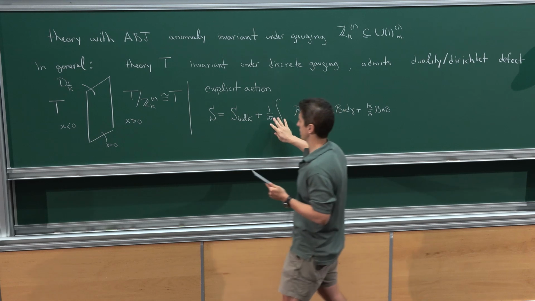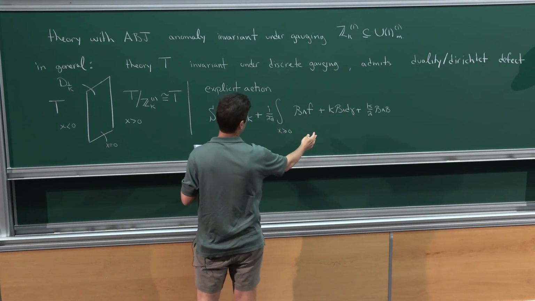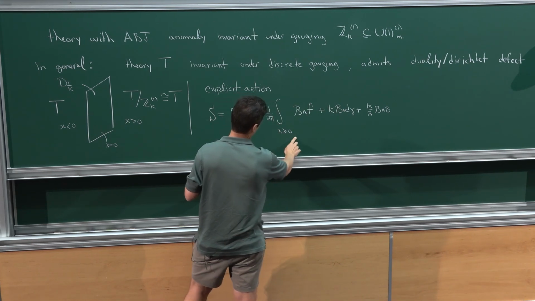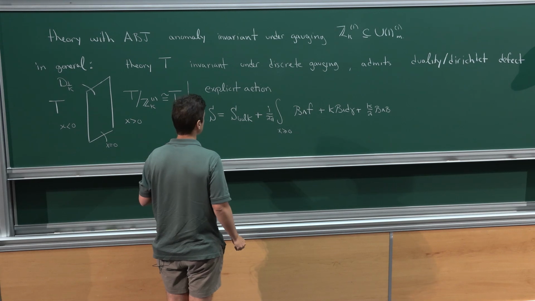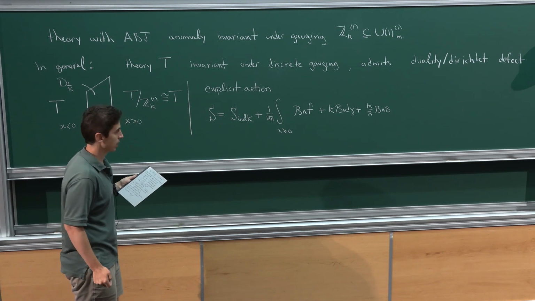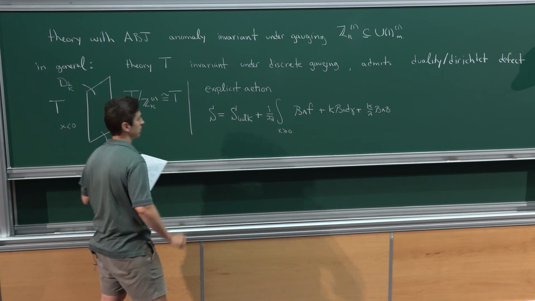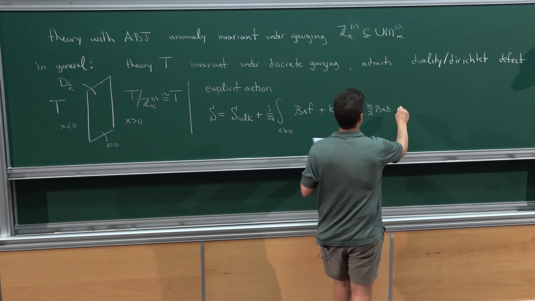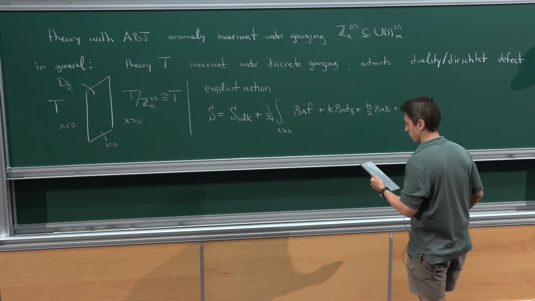The difference now is that instead of gauging in all of space-time, so the whole region of X, which we decided was actually secretly the nothing operation, now here we do it in half. And I'm going to also add another term here.